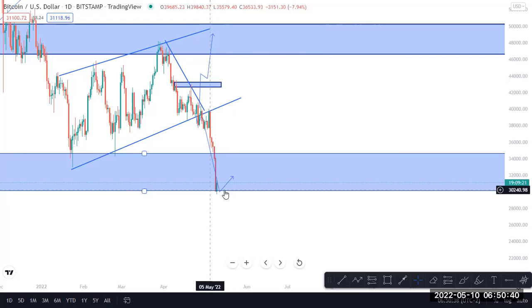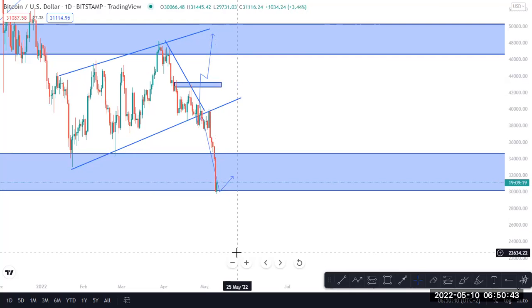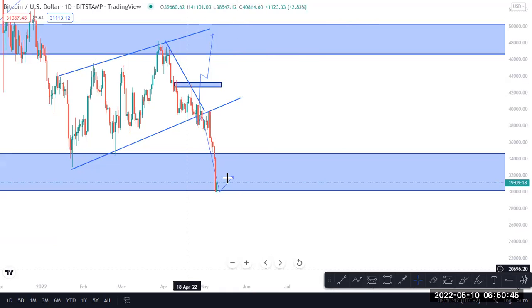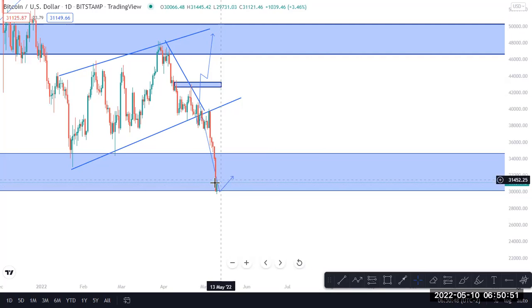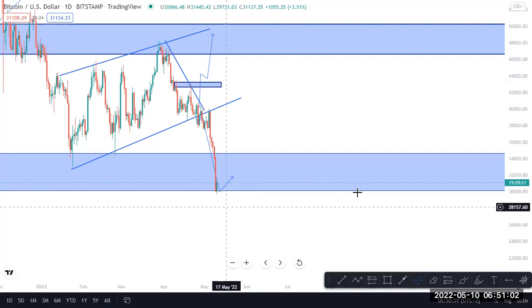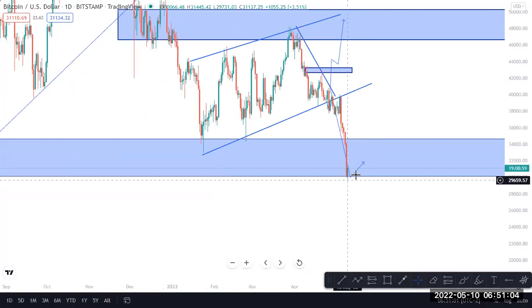This could be a pullback, and we just continue going down. I want to see how this coin reacts around this area, maybe at least two candlesticks, maybe on Wednesday and this day. That's only when I can say, okay guys, now we're trending up or trending down. Because right now we can just say this is a consolidation, but we want to see what the long-term buyers do, are we going down or going up?